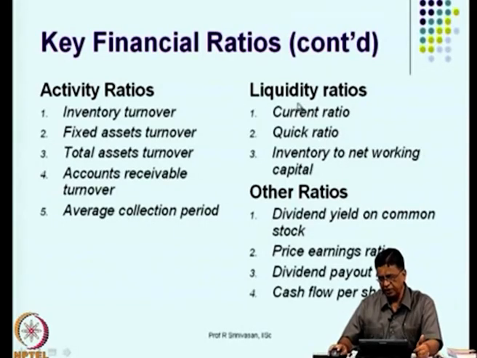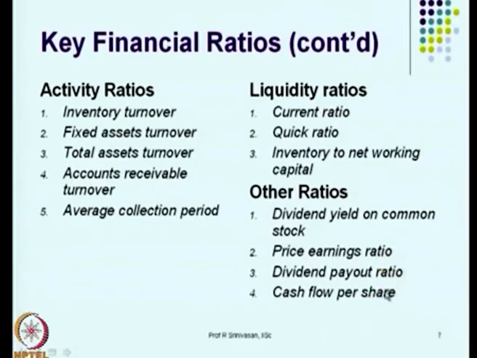Then in the liquidity ratios, current ratio, quick ratio, inventory to net working capital. The other ratios like the dividend yield on common stock, price earnings ratio, dividend payout ratio and the cash flow per share.